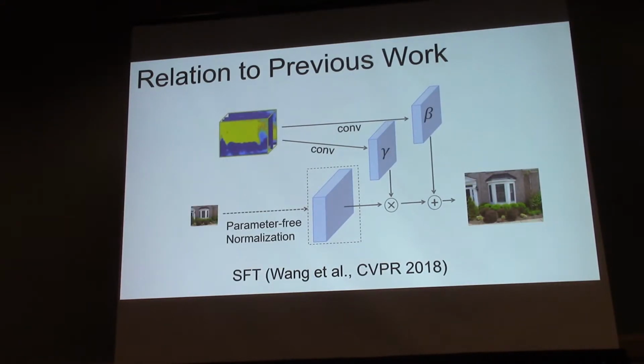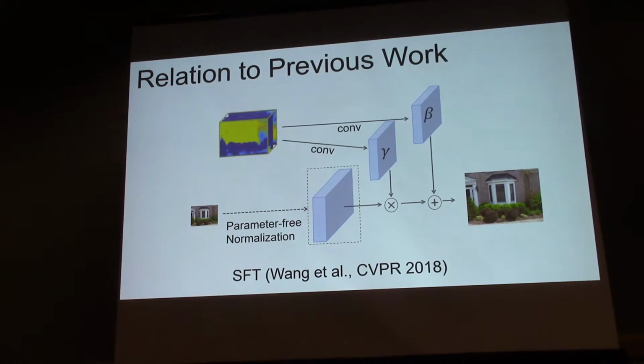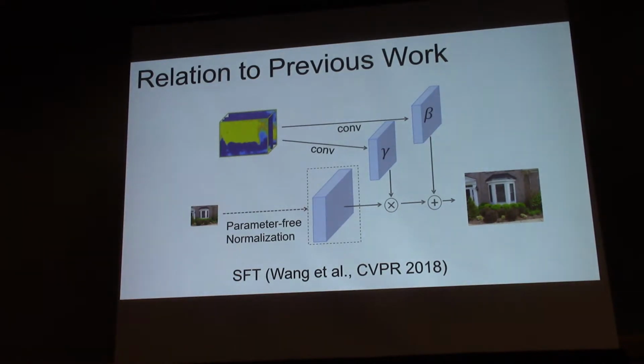Our method is also closely related to the spatial feature transform last year in CVPR. It uses conditional normalization for the task of super resolution, but in this case, the affine transformation parameters are conditioned on the predicted class label of each pixel.